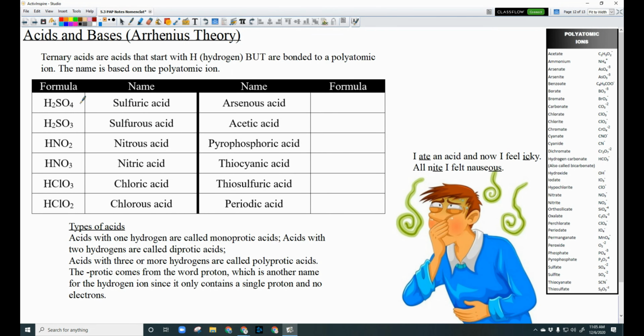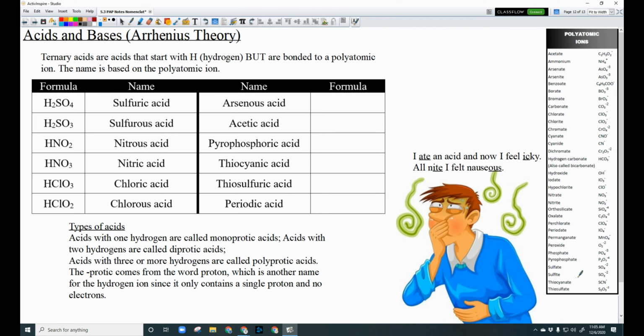So how can you tell the difference between sulfuric and sulfurous acid? Spelling does count, and the sound of the name counts. Sulfurous uses SO3, sulfite. So sulfate was used in the first one, and sulfite was used in the second one.